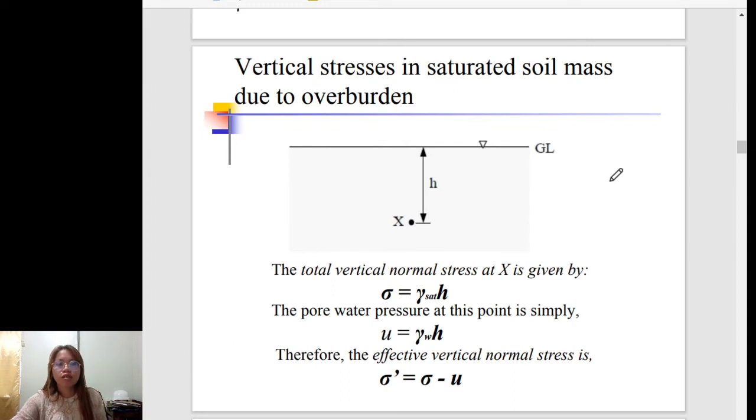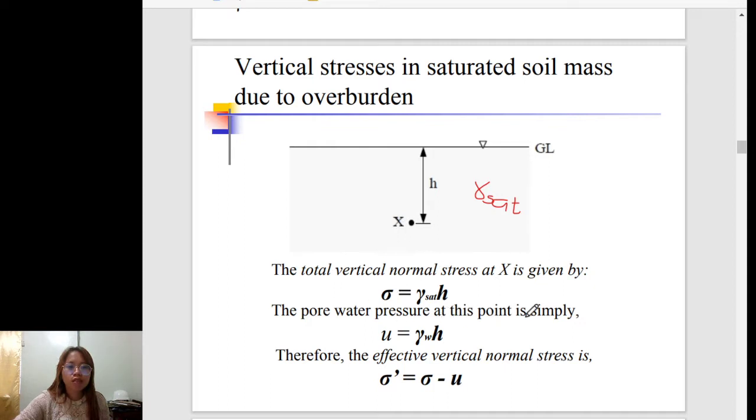Vertical stress in a saturated soil mass due to overburden. For example, we have here a soil mass with water, which means there is water here, this symbol. Then what is the stress at x? The total vertical normal stress at x, given gamma saturated of the soil, is equal to gamma sat times h, the height.